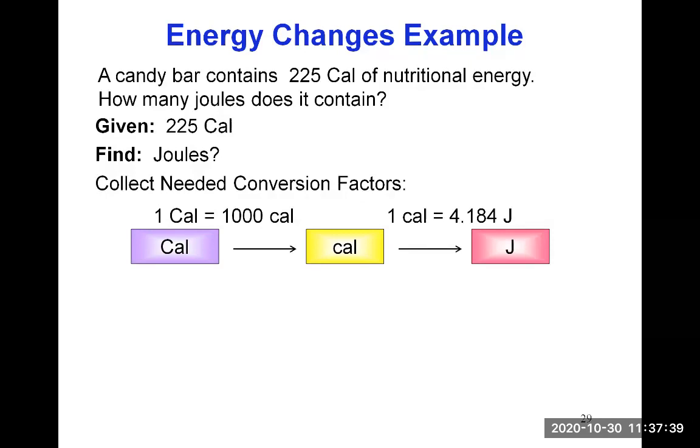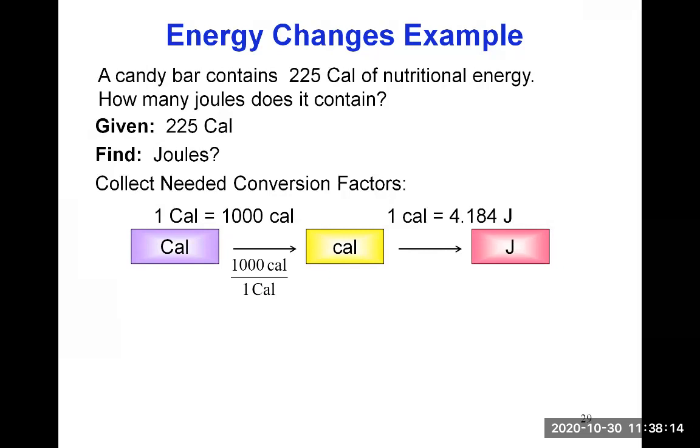So because we are starting with nutritional calories, the first conversion factor will need to have the nutritional calorie in the denominator so that we can cancel the given unit of calorie with the capital C. So the first conversion factor will be 1,000 calories over 1 kilocalorie, one capital C calorie. Next, the second conversion factor needs to cancel the lowercase c calories.